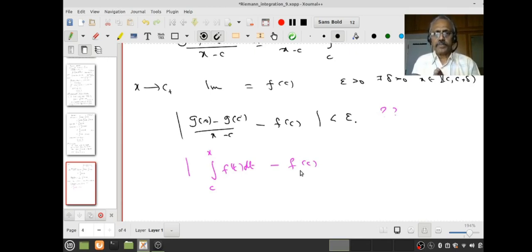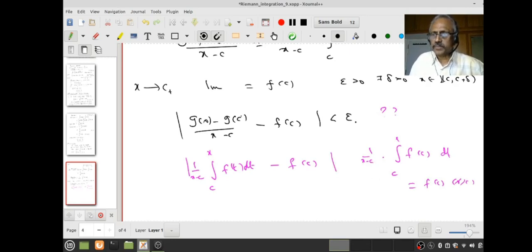And when I want to compare both integrals, I want to use linearity of the integral. Therefore, the limits of integration should also be the same. So I want to write it as something like integral c to x of f of c. But notice that there is 1 by x minus c here. f of c is a constant, therefore this will be f of c into x minus c. But I want only f of c. Therefore, if I divide by x minus c, then I will get f of c. Do you understand that?